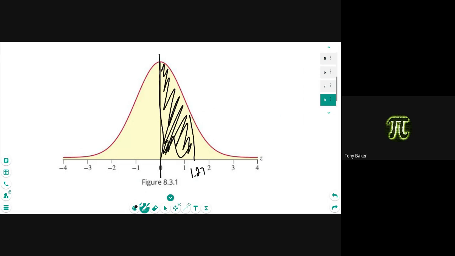Then 50%. Because the 50% is that other half that I don't want. Okay? So I don't want this section over here, which is 0.5. I don't want that. So whatever number I get, I'm going to subtract the 0.5 from because it goes all the way over.